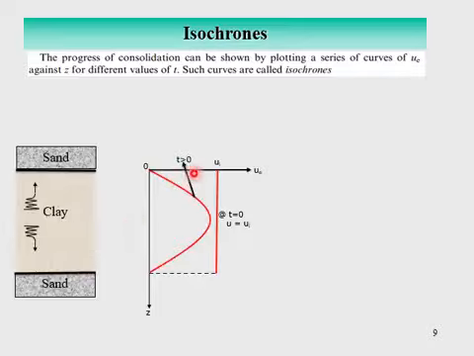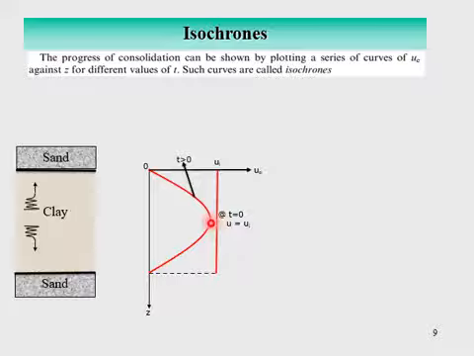When time is greater than 0, excess pore water pressure at these two interfaces between clay and sand layer would be 0, and it would vary something like a parabola, and it would be maximum at the center. But of course, even at the center, the excess pore water pressure would be less than the initial excess pore water pressure because some time has passed.